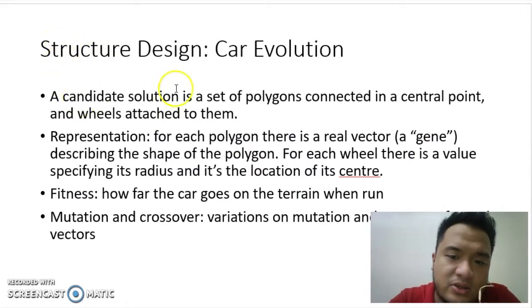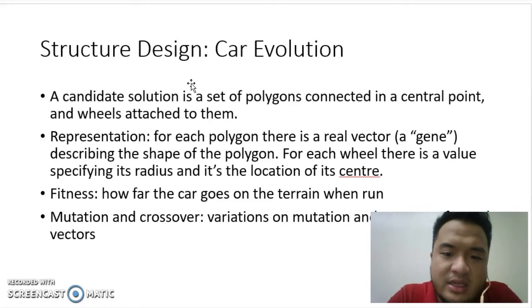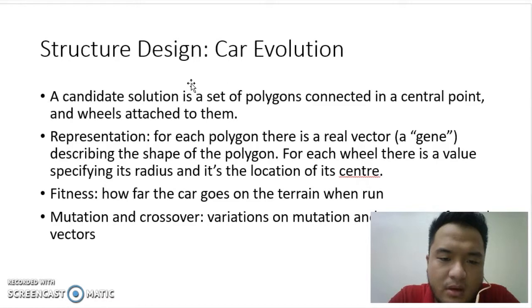A candidate solution is a set of polygons connected at a central point, with wheels attached to them. The representation for each polygon is a real vector, a gene describing the shape of the polygon. For each wheel, there is a value specifying its edges and the location of its center. The fitness: how far can the car go on the terrain when run? The variation is mutation and crossover for real vectors.